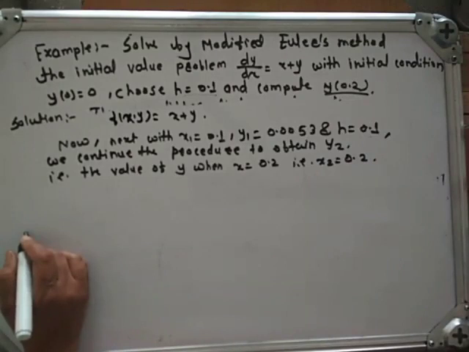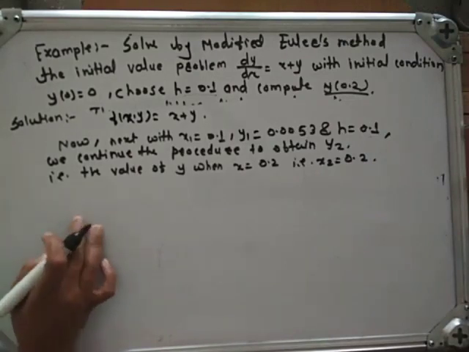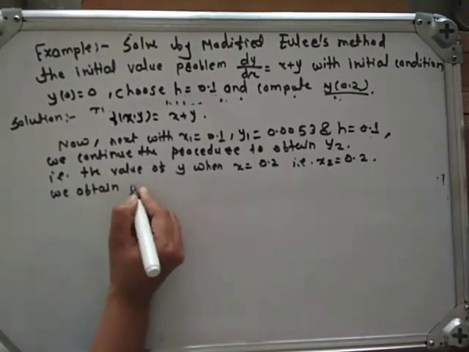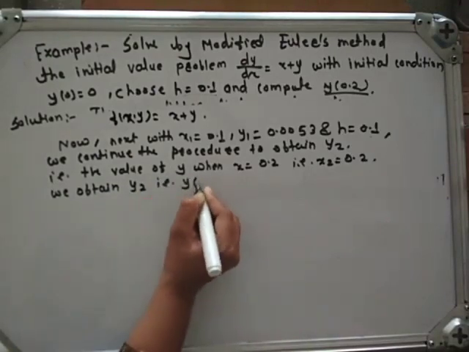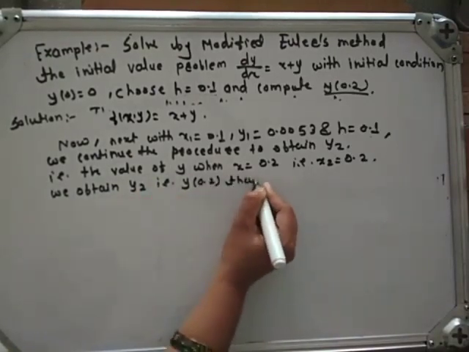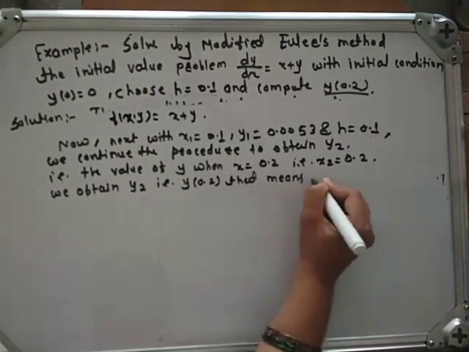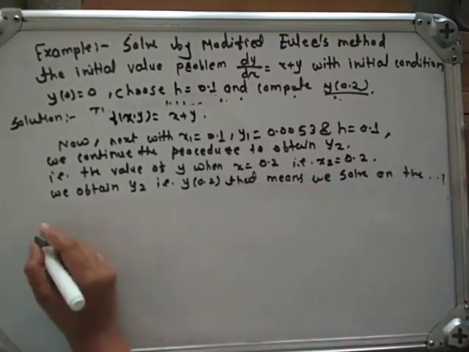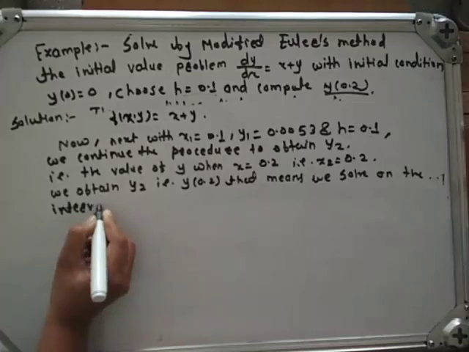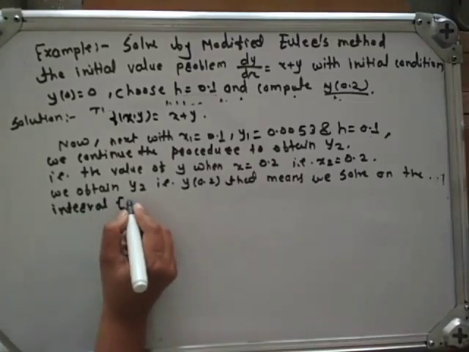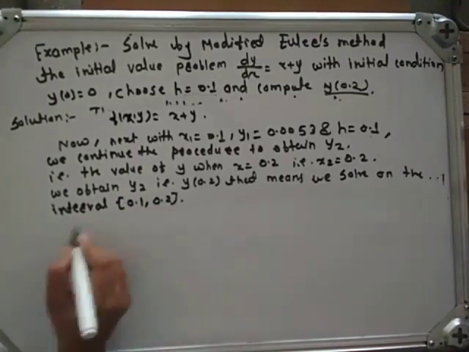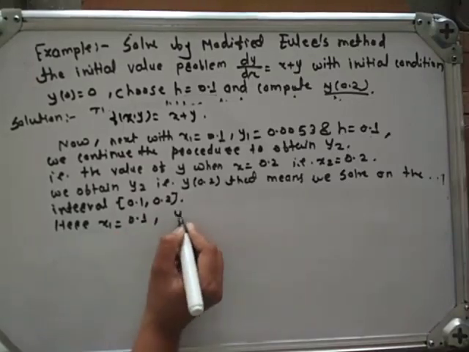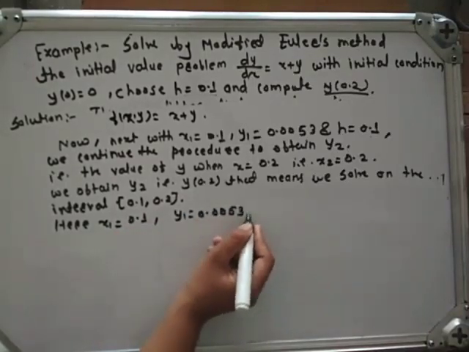We obtain y2, that is y of 0.2. That means we solve on the interval 0.1 to 0.2. Here your x1 is 0.1 and y1 is 0.0053.